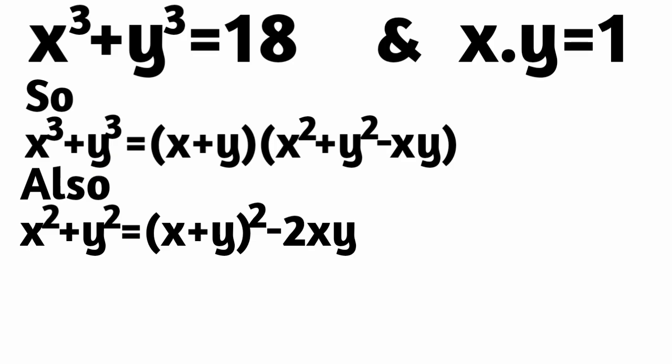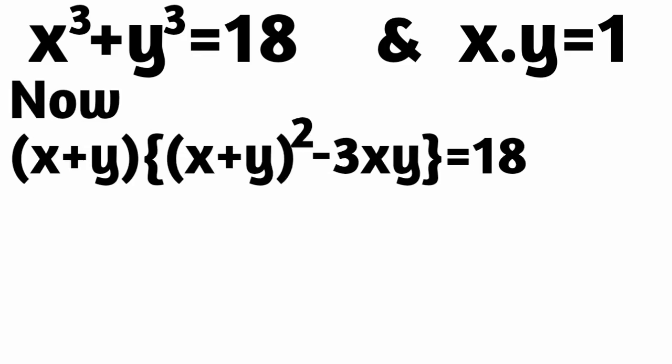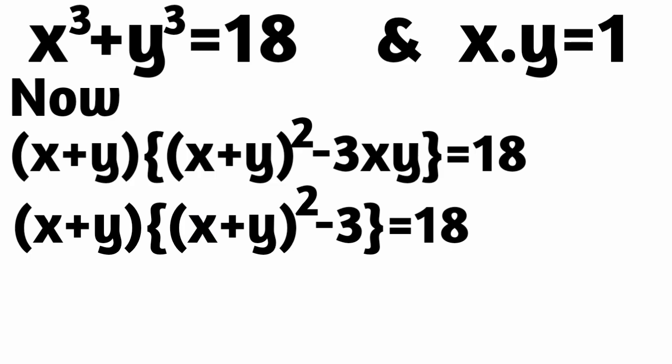Putting this in the above expression, x cube plus y cube is equal to x plus y into x plus y whole square minus 2xy minus xy, that means 3xy. Now we put the value of xy, which we have already found as 1.